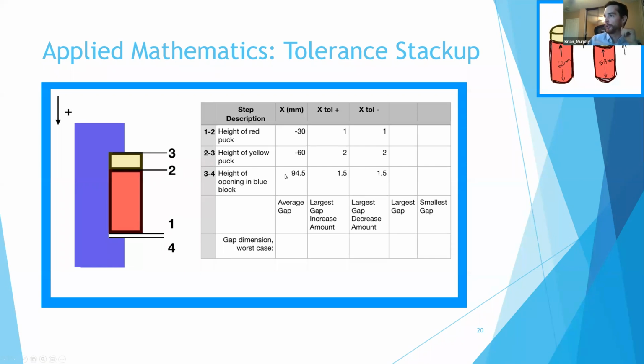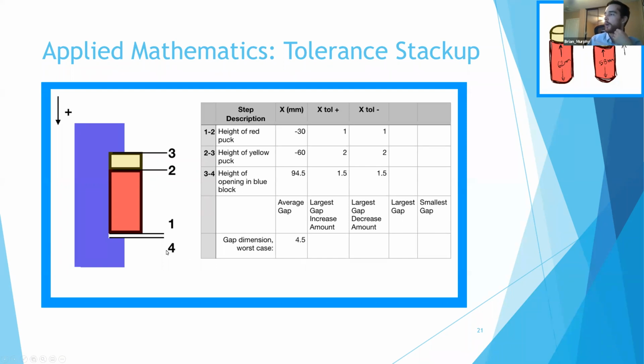So basically what you do is you look at 30 and 60, that together is 90, and you have a gap or a total size of the cavity at 94.5. So if you subtract 94.5 and 90, you get 4.5. So that makes sense that that is the gap down here, that in the average scenario, you have a sufficiently large gap where there's not going to be an interference, meaning that they will both fit in there. And that's going to be what the gap size is.